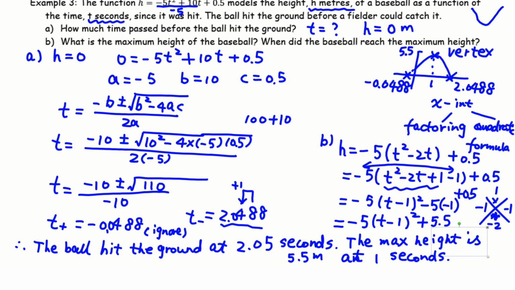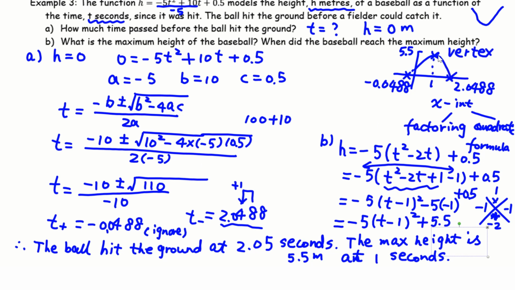So what we have learned in this lesson is 3 forms: standard form, vertex form, and also factored form. So when we are looking for the zeros, we could use factoring or the quadratic formula, if not factorable, to find the zeros.